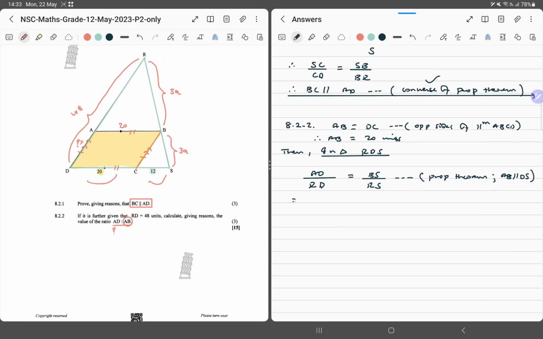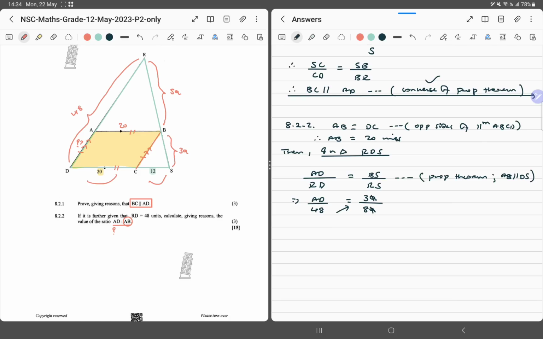So this implies that AD over RD, which is 48, equals BS, which is basically 3A, over RS, which is going to be 8A. You add up those things, and because these are ratios, the A's cancel.